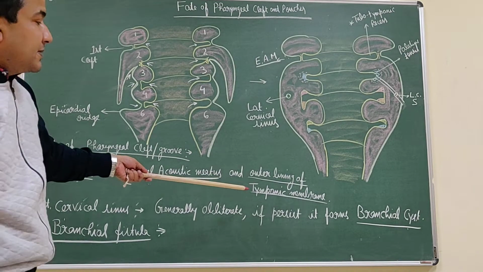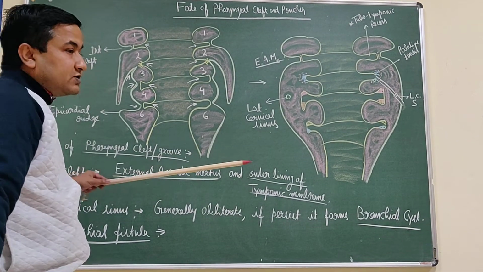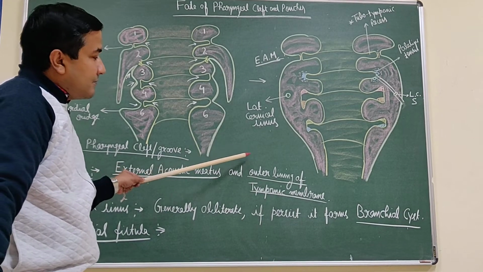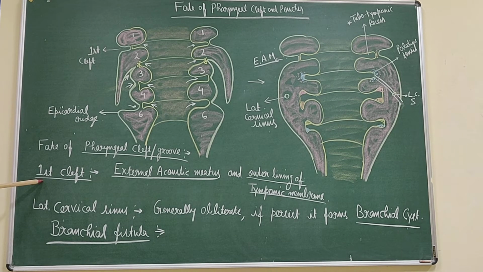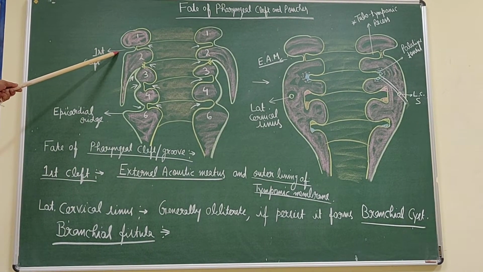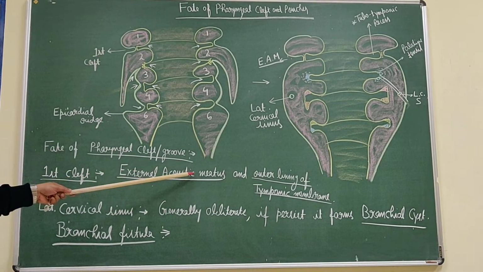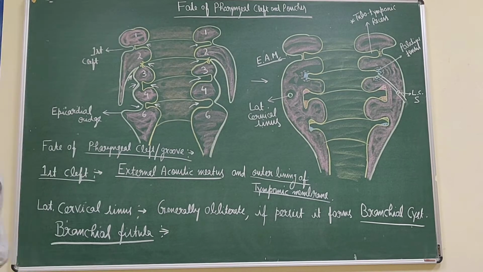It means the tympanic membrane has all the 3 layers. From outside to inside, it is the ectoderm, mesoderm and the endoderm. So this first cleft forms the external auditory meatus and the outer lining of the tympanic membrane.